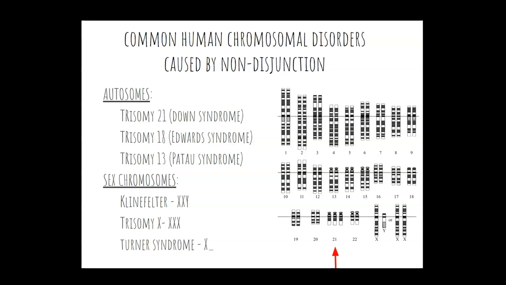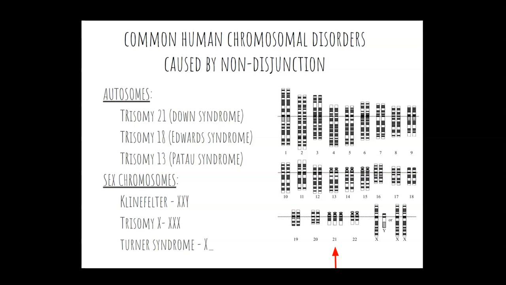Down syndrome is compatible with life, but people with Down syndrome sometimes have much shorter lives and they have a cognitive impairment, heart dysfunctions, and some other disorders. Trisomy 18 and trisomy 13 are trisomies that are not compatible with life.